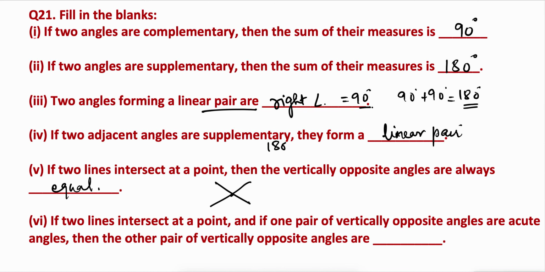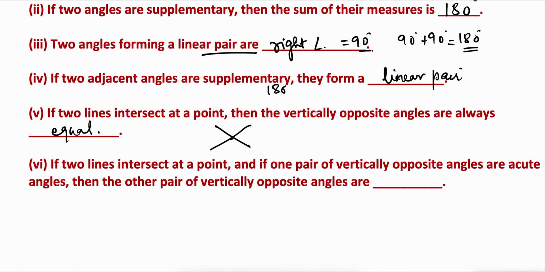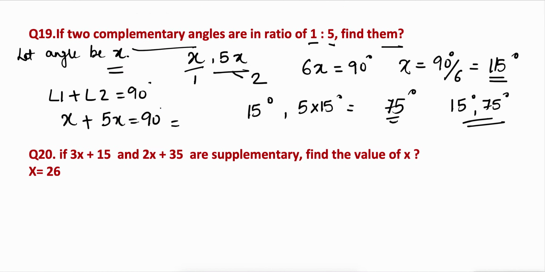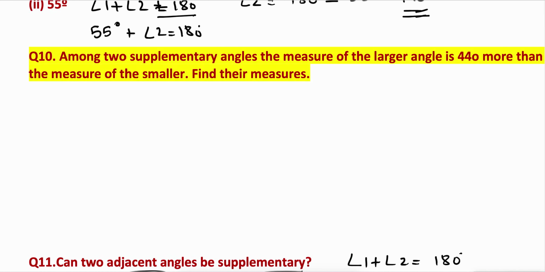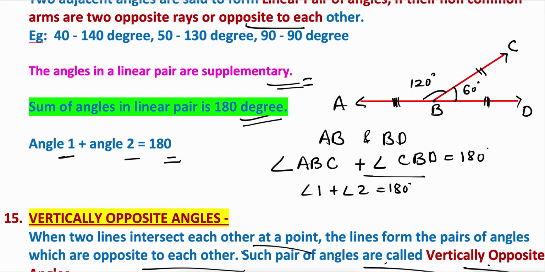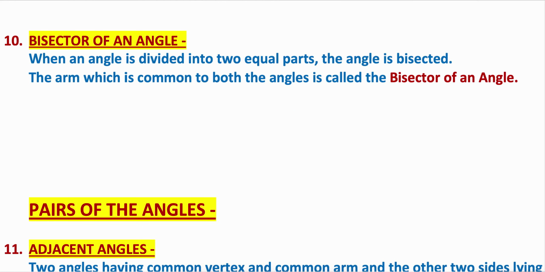If two lines intersect at a point and if one pair of vertically opposite angles are acute angles, the other pair of vertically opposite angles are obtuse angles. So these are the fill in the blanks which we have seen and the different types of questions on the pairs of angles. Now it's time to revise the basics of angles quickly.